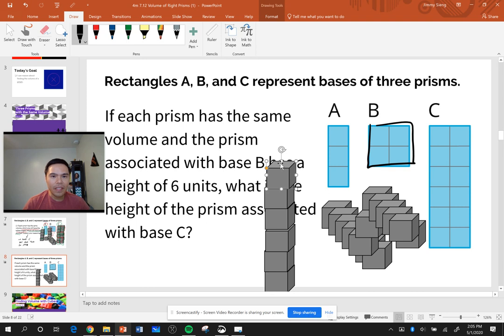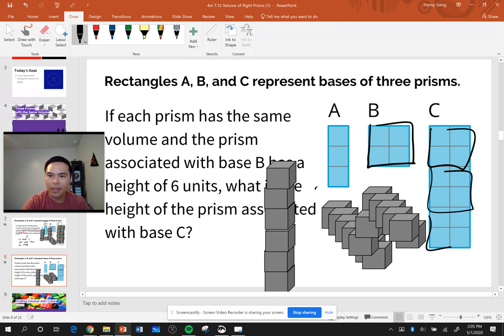All right, if each prism has the same volume, the prism associated with B has the height of C. So what's going on is I have 6 stacks of that B right now, right? I'm having 6 stacks of B, and I was to move it to C. So there's 1, 2, 3.